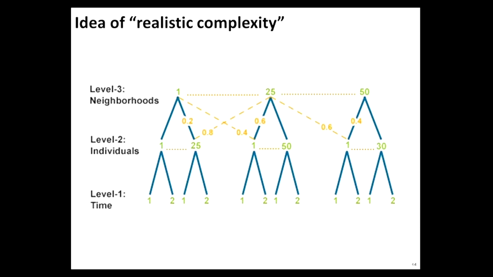So for example, individual number 25, living in neighborhood 1, sometime during that study period, moved from neighborhood 1 to neighborhood 25. How do you account for that? So this is making it non-hierarchical again. And what you see in those dashed lines, the 0.2 and 0.8, are weight matrices that we can apply. So for example, we could say that individual 25 of the total study period only spent 20% in neighborhood 1, but spent 80% in neighborhood 25.